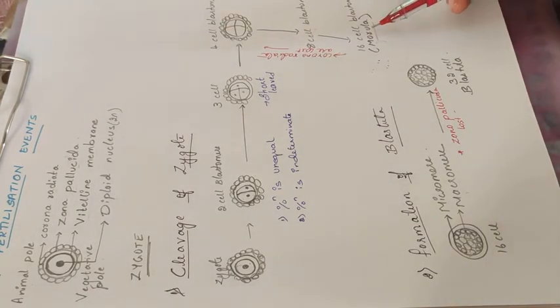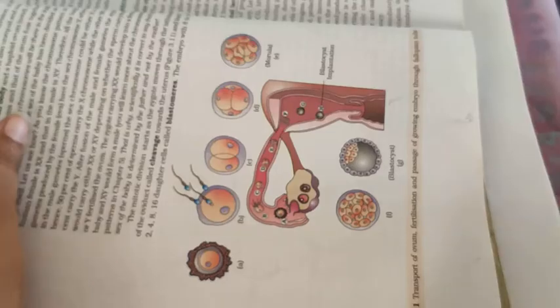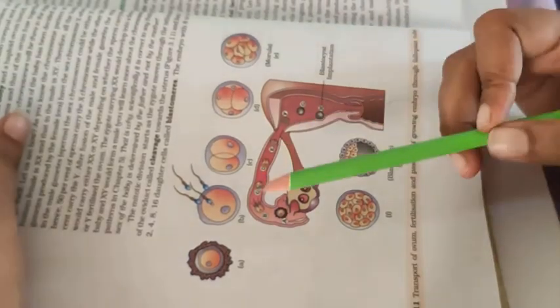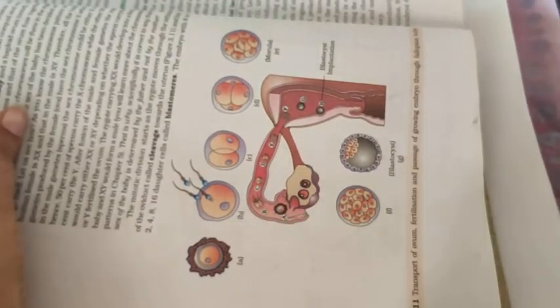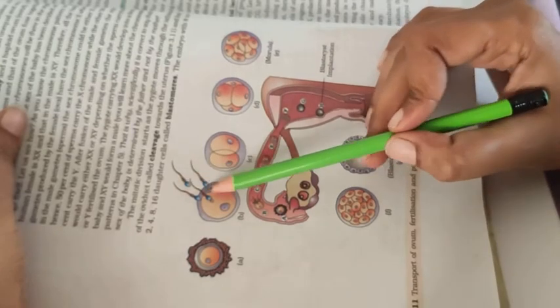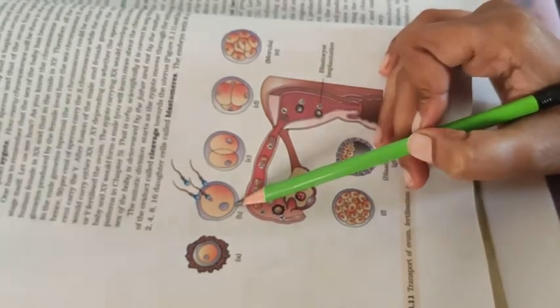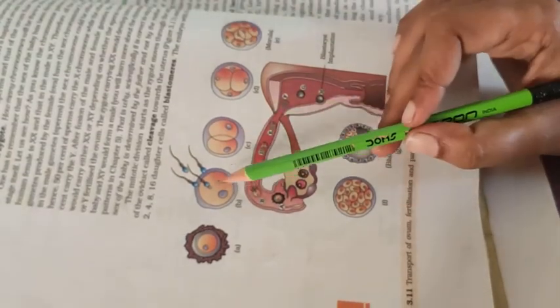See here, morula will actually reach the uterus. We need the female reproductive tract. 1 second. Yes, you can see here, this is actually an ovum. Now the sperm has fused with the egg, and after fusion it results in the zygote.